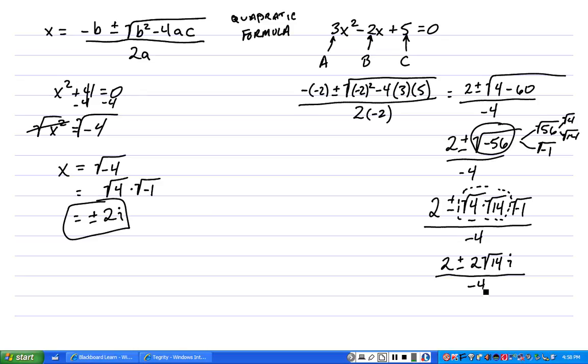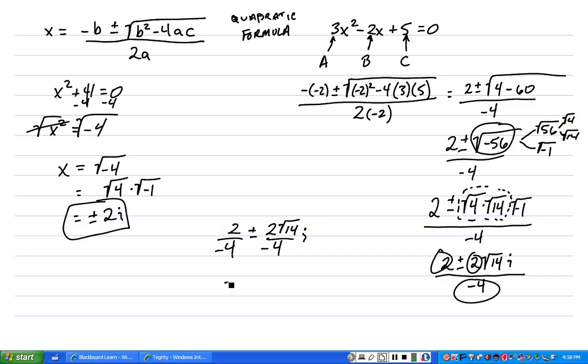So now you have your 2 here over your negative 4 plus or minus your 2 radical 14 over your negative 4 with the I attached to the end.